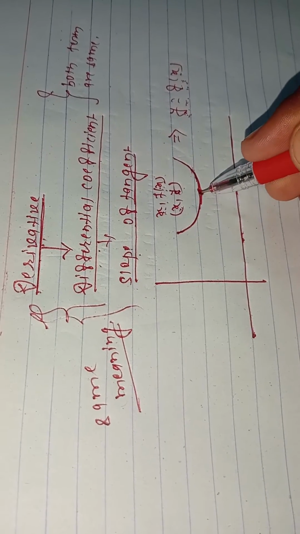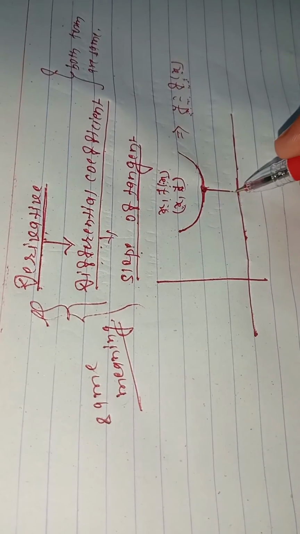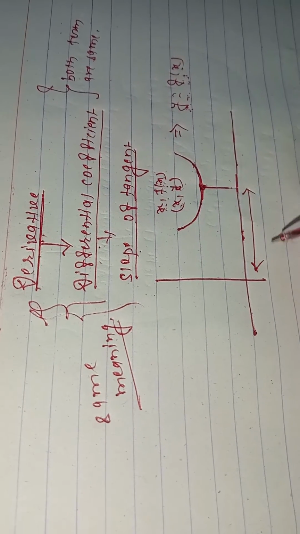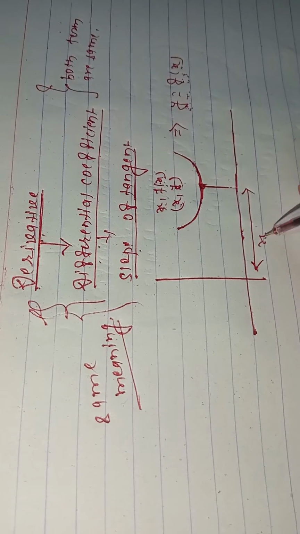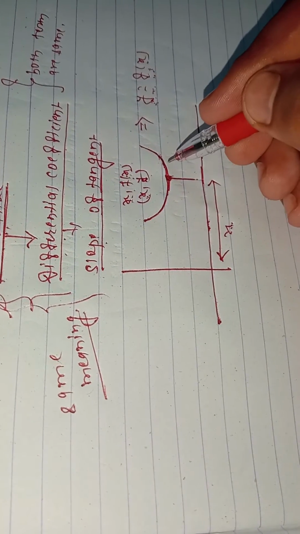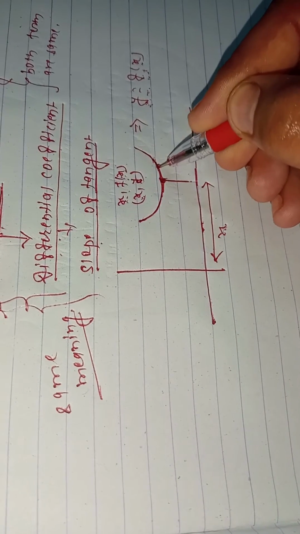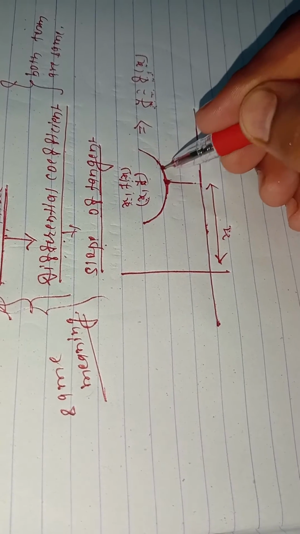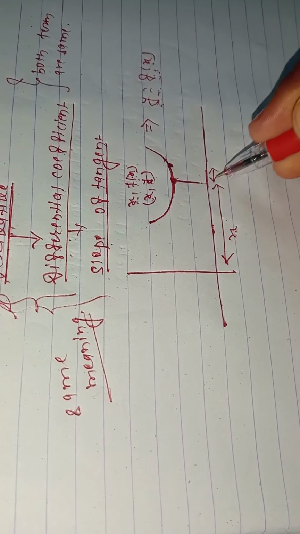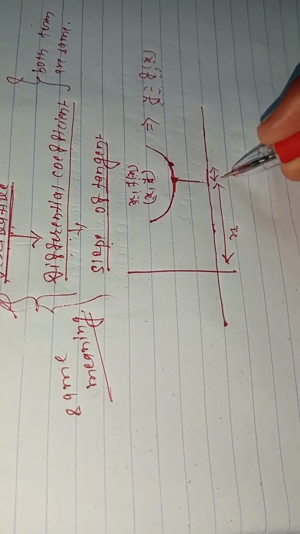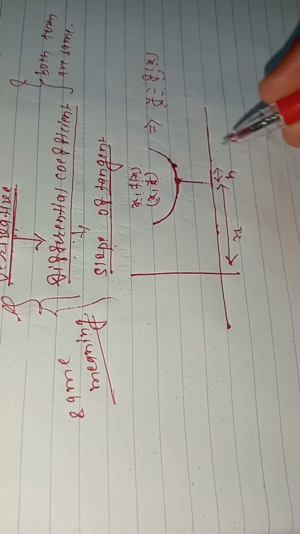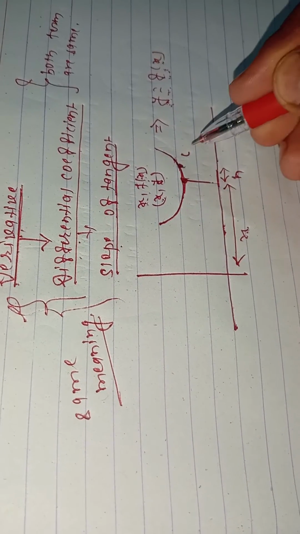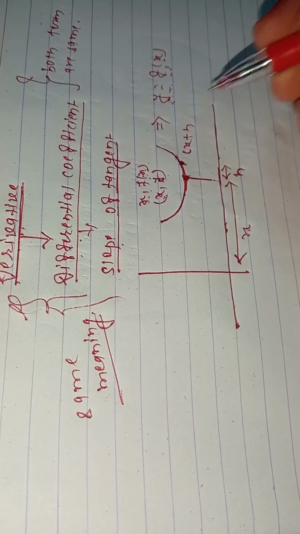Now if I draw a perpendicular to the x-axis, this distance is x. I am going to take another point here. This point is an increment of h in the x component, so you can consider this point as x plus h.